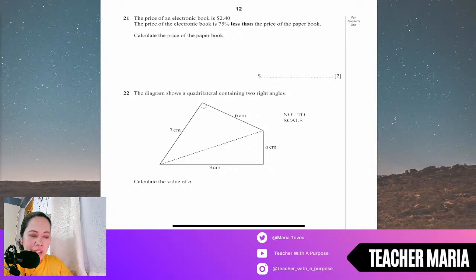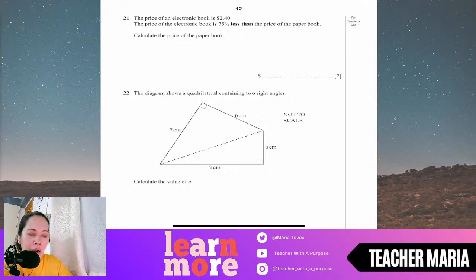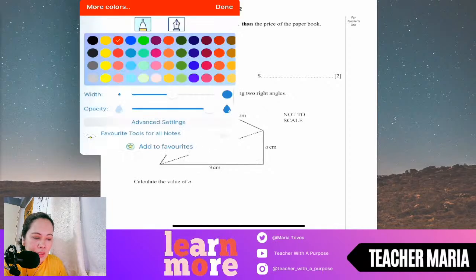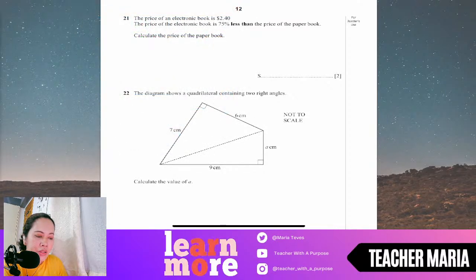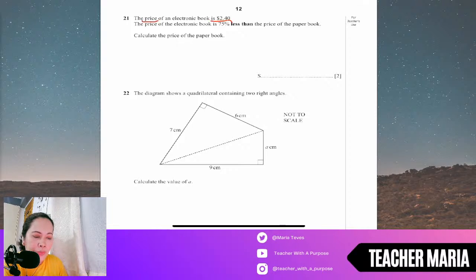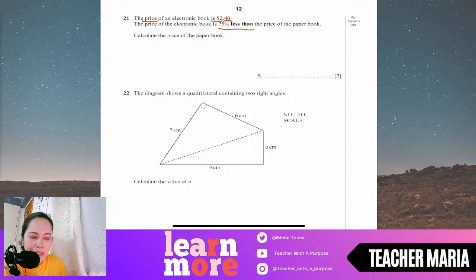Question number 21 states that the price of an electronic book is $2.40. So let's first highlight what are the given. The price is 240. The price of the electronic book is 75% less than.